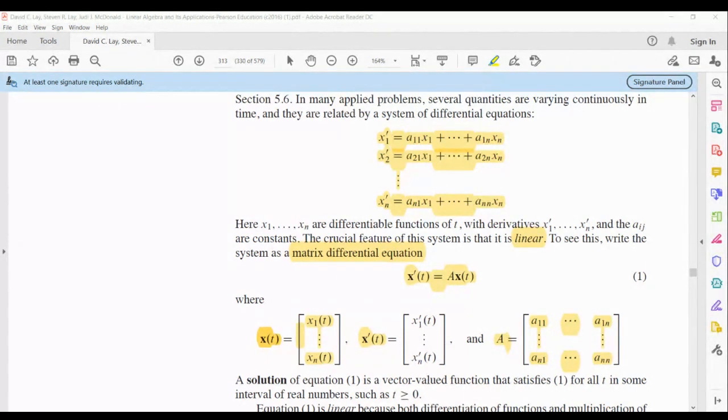Now what we want to figure out is, what's a solution to this linear system of differential equations? Is there a solution to that?